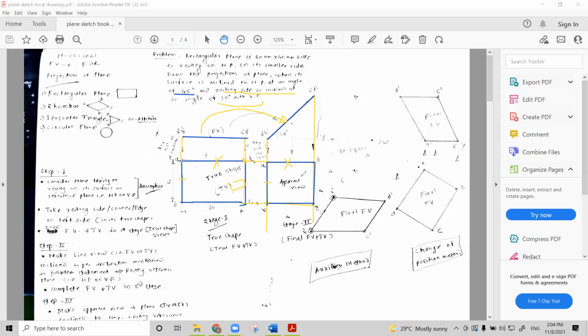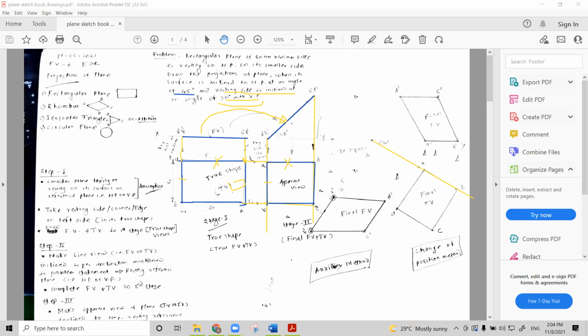In the change of position method, you have to draw a line at an angle of 30 degrees, as given here. From any point marked on the XY line, draw the 30 degree inclined line, right?